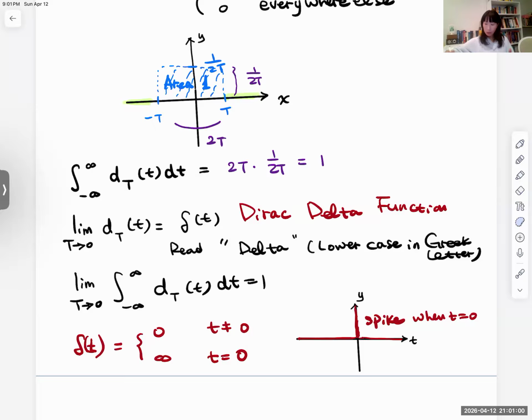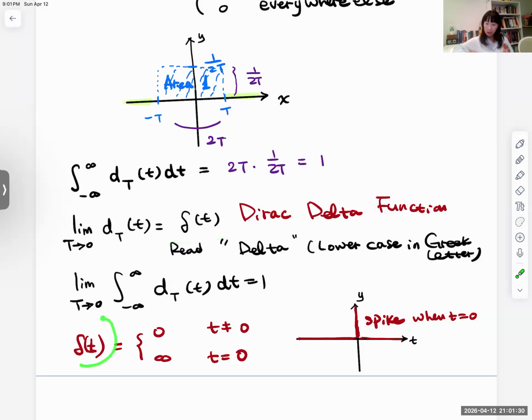Look, as I said earlier, when t approaches 0, the interval between negative t and t is very narrow, so eventually we get a line with area 1. That is delta of t.